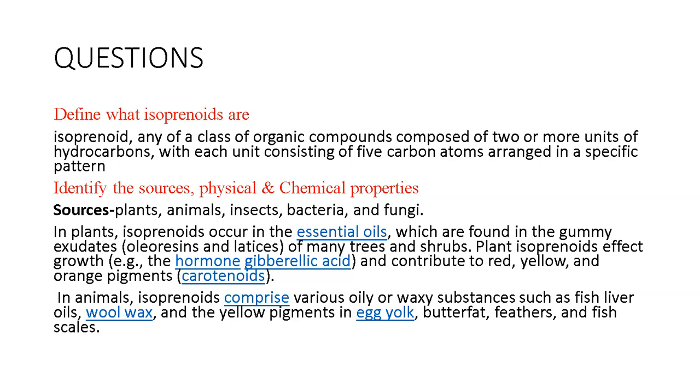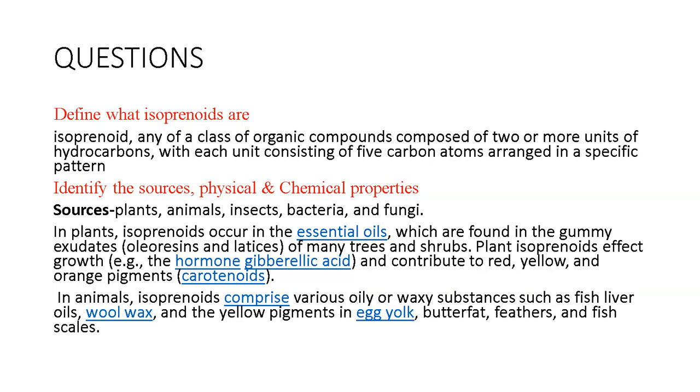In plants, they usually occur as essential oils. This generally means that they are volatile, and are found in gummy exudates. They occur as secondary metabolites, so they have an effect on growth in plants, and they contribute most of the time red, yellow, or orange pigments.